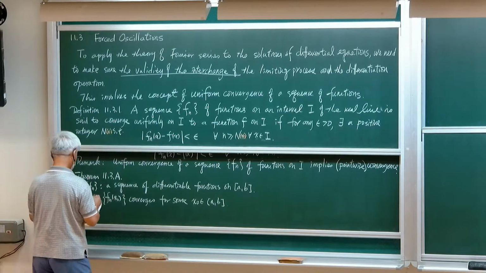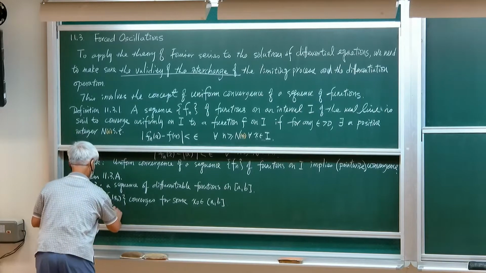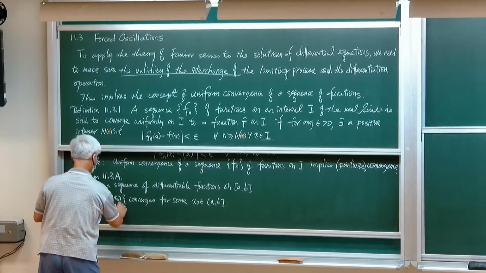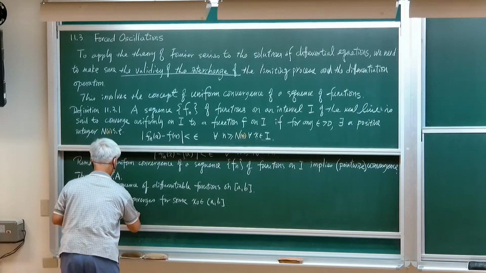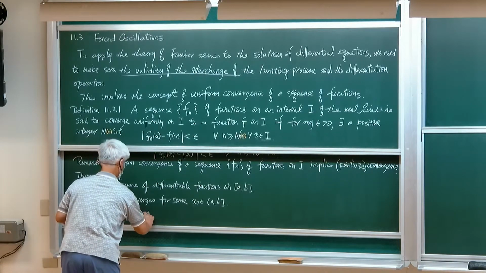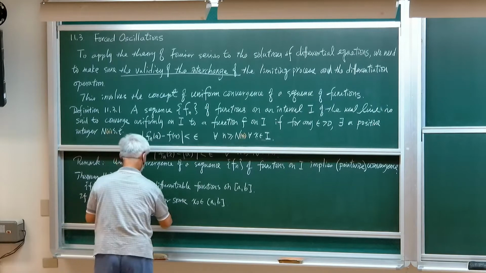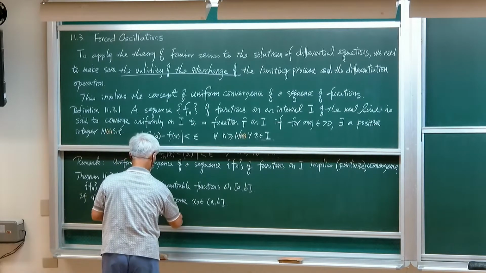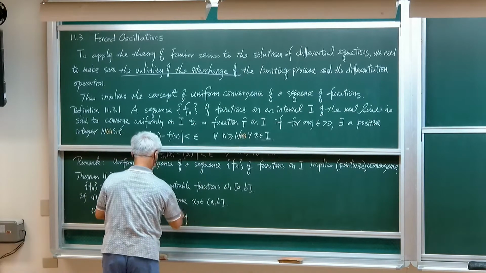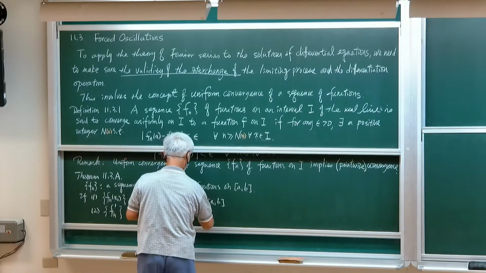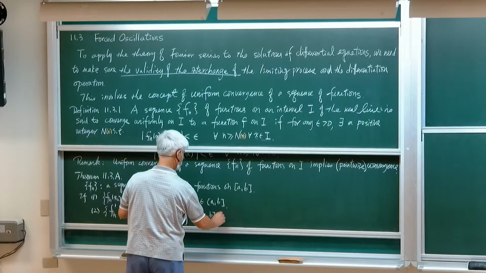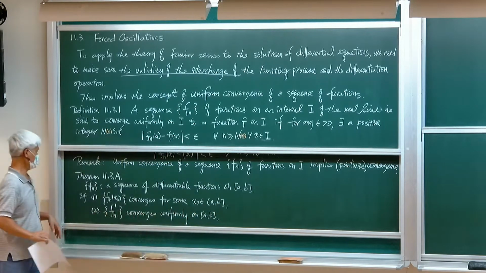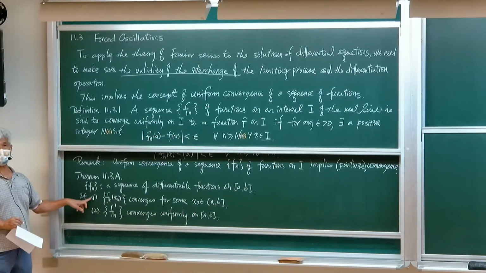The second is that the derivative of Fn converges uniformly on AB. The first one, I think, is a minor condition.